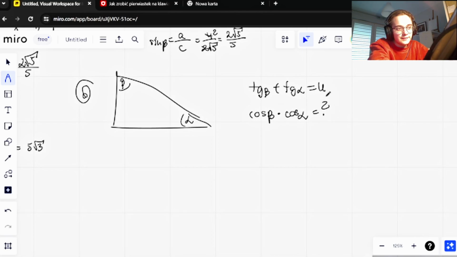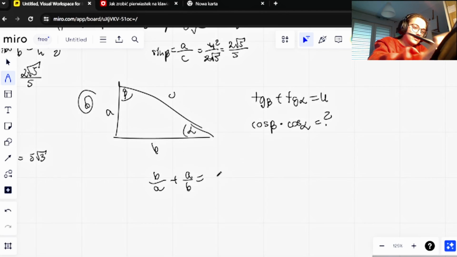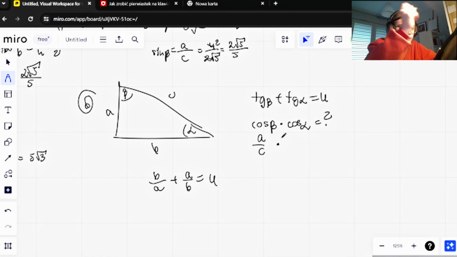So it will be Tangens beta is B to A, and Tangens alpha is A to B, and this equals 4. Cosinus B is A to C times cosinus alpha is B to C. So AB to C squared.